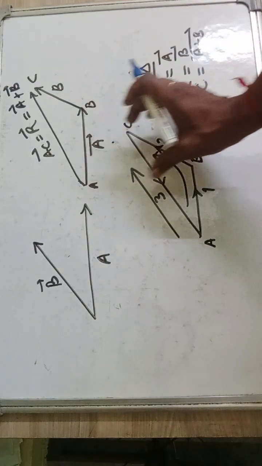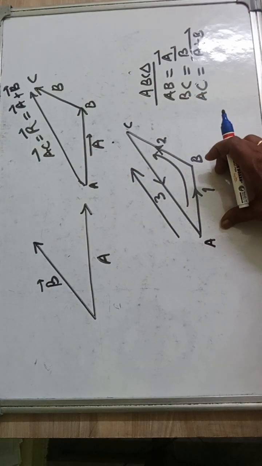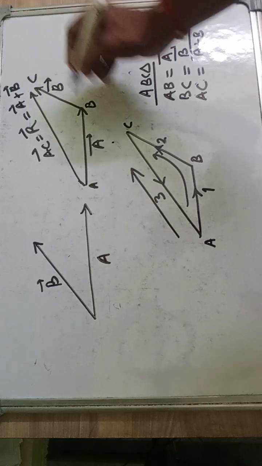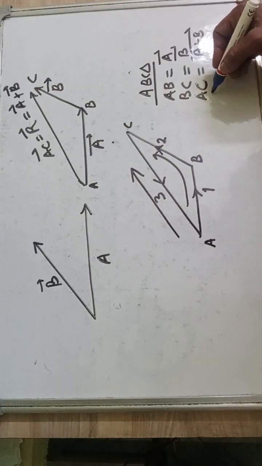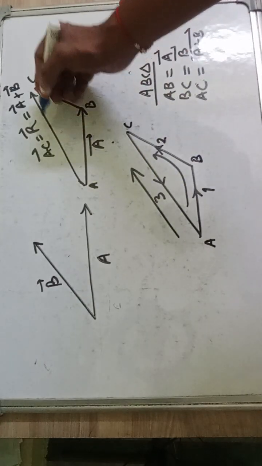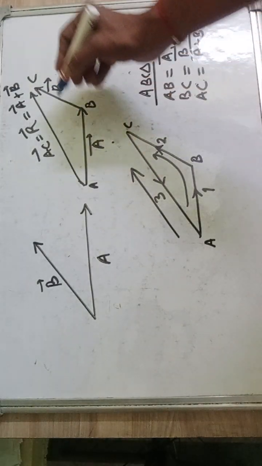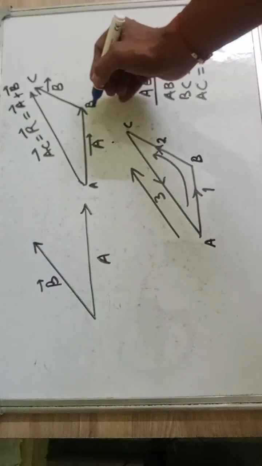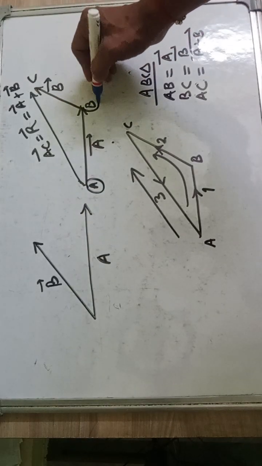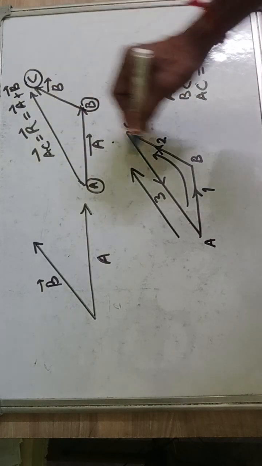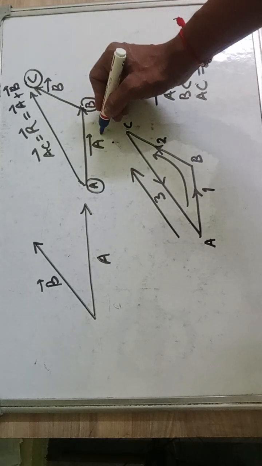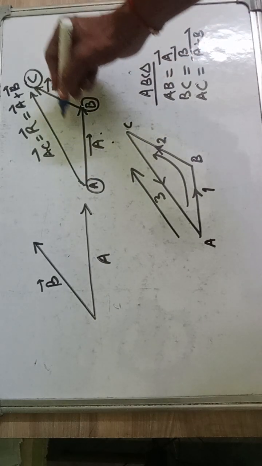That means AB is magnitude of vector A and BC is magnitude of vector B. Then AC will represent the magnitude of vector R, and direction will be from A to C. We know this is the head of vector A and this is tail of vector A. Now again, this is tail of vector B and this is head of vector B. That means where head of A is connected to tail of B, they are in order.